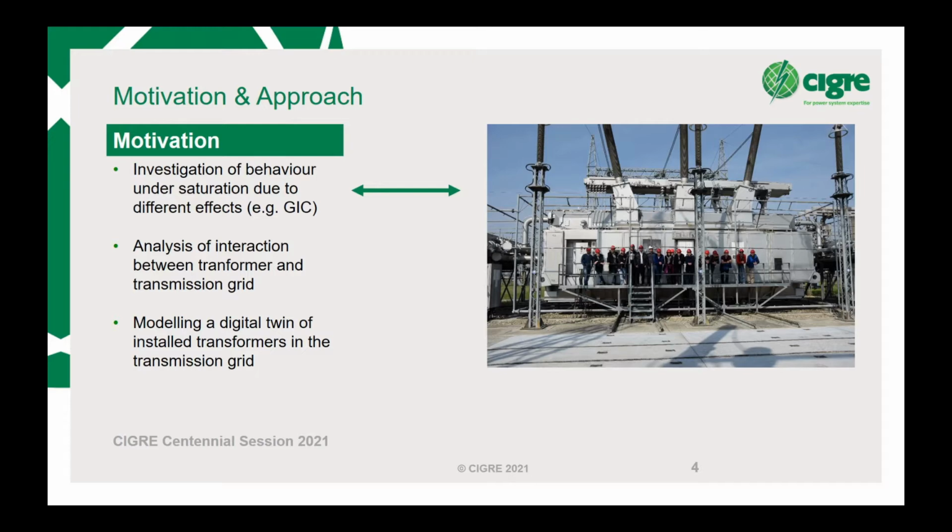So not only the power transformer, but also what are the effects on the power grid due to transformer saturation. Therefore, we built a digital twin of an already installed power transformer to study the effects on the transformer, but also on the grid.